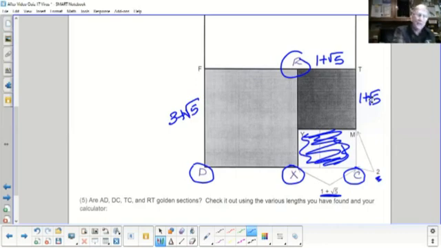Well, the light gray square happens to be the largest square that I could add to RTCX, which is hopefully or supposedly a golden rectangle. So it's the largest square I could add to it. Since it is a square, it has to have the same dimensions as that T to C has. Okay? Well, that's interesting. If that's 3 plus radical 5, what is FR? Wouldn't it be 3 plus radical 5?